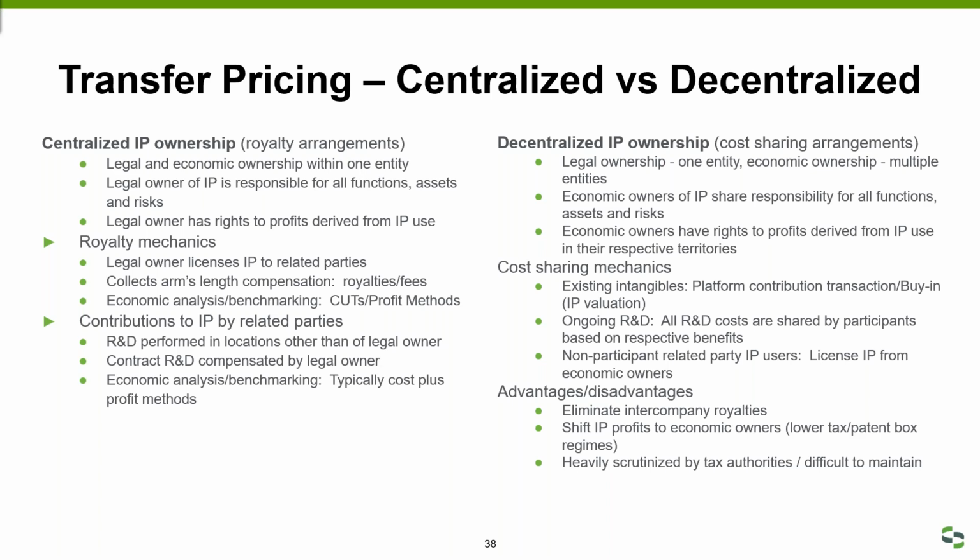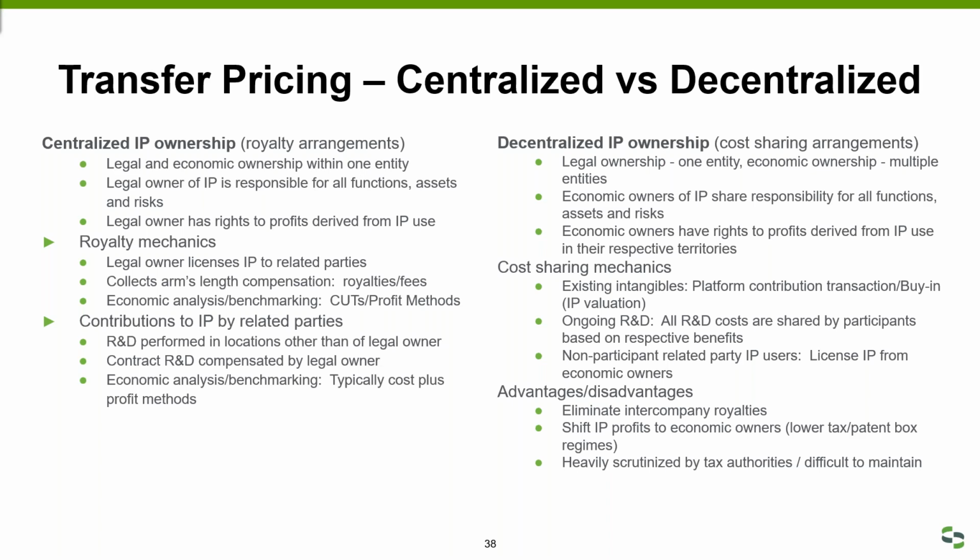So unless that IP ownership is in the very same jurisdiction where your manufacturing and your principal arrangement is, a lot of times that's a licensing arrangement. And if you're going to license, the big issue there is withholding taxes.